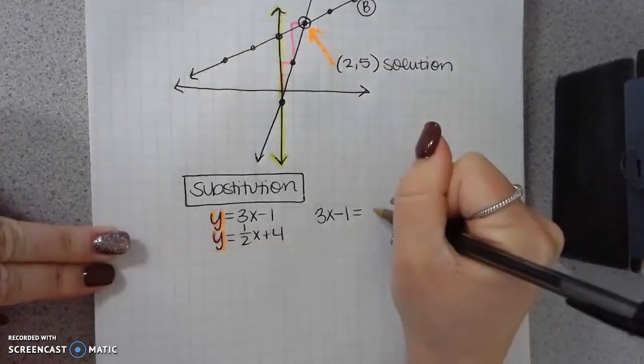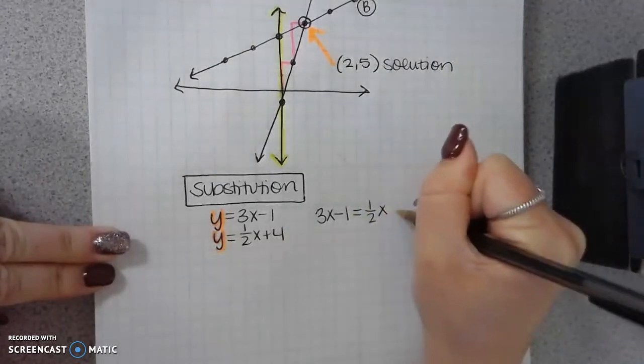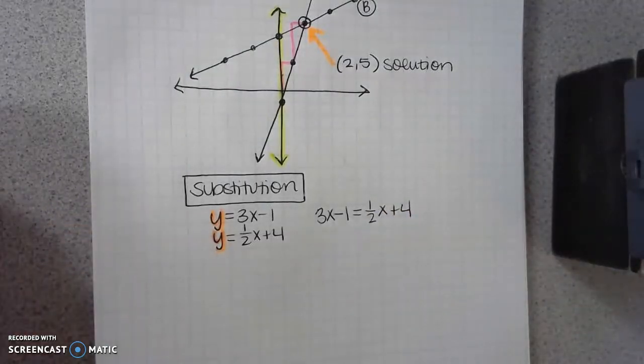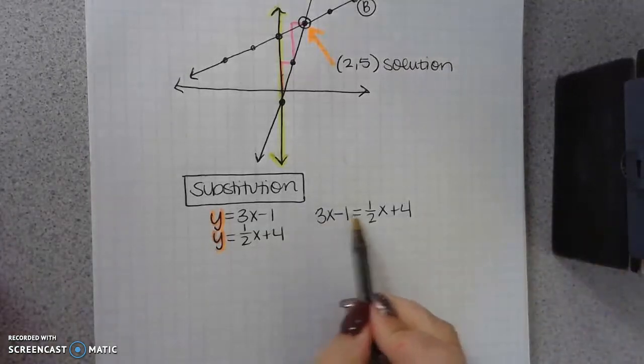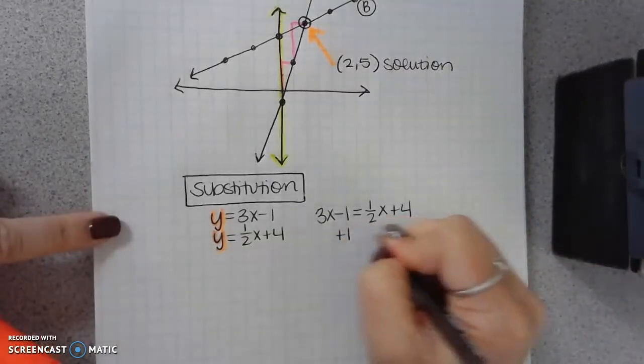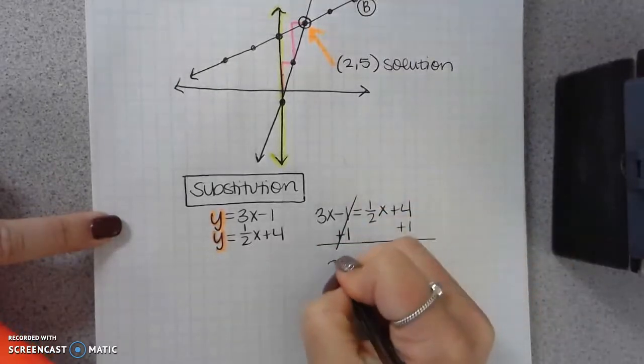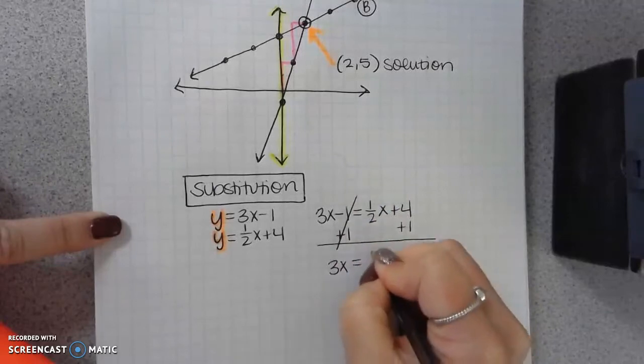3x minus 1 equals 1/2 x plus 4. And oh my goodness, we are back to a multi-step equation, which we have done a million times. Okay, you have 4 options. I'm not going to go through this in too much depth because we've done this over and over.